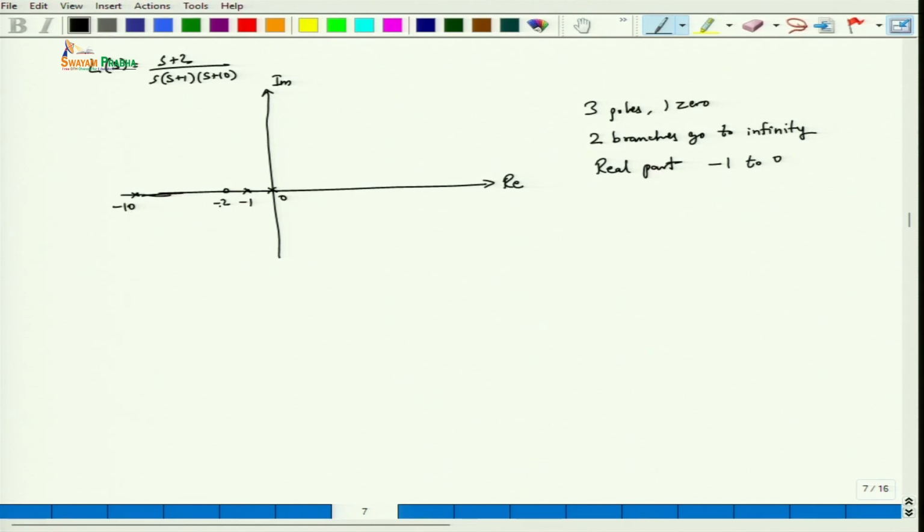From -10 to -2, what you will find is there is an odd number of poles and zeros. So that's a part of the root loci.